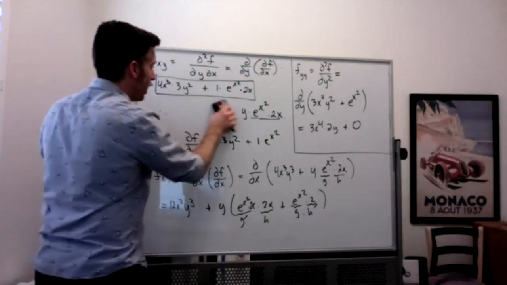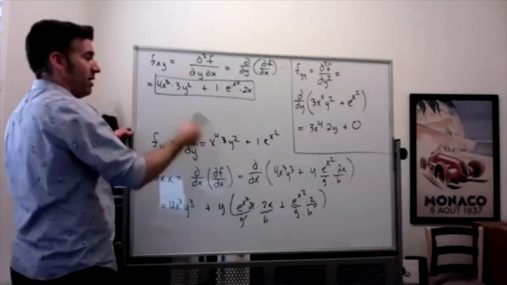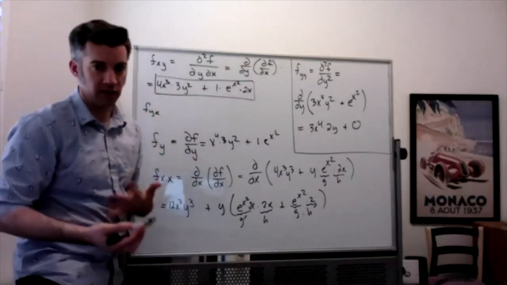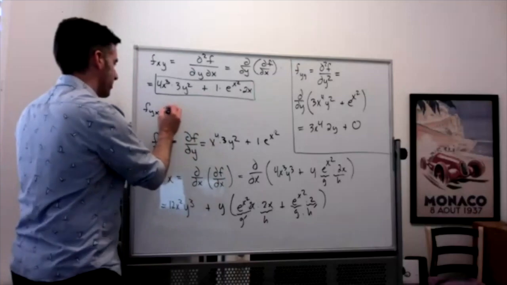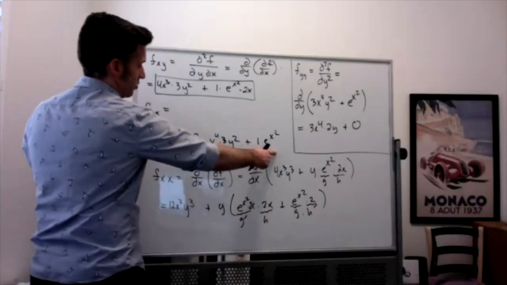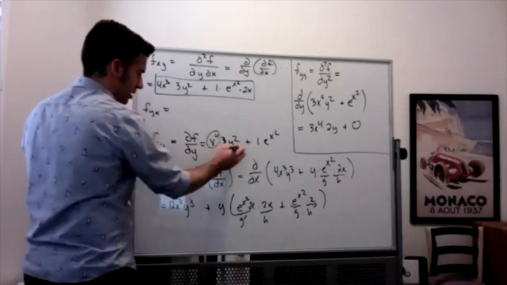We could also check and see that fyx, which is first doing y and then doing x, I should really say first doing the partial derivative with respect to y and then doing the partial derivative with respect to x. That's going to get us, well, the partial derivative of this with respect to x, I've got x to the 4th times this constant.